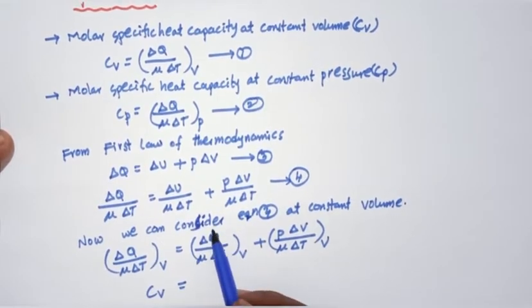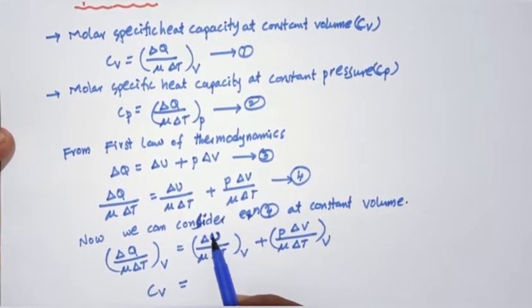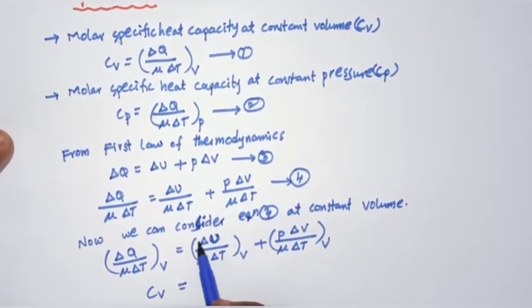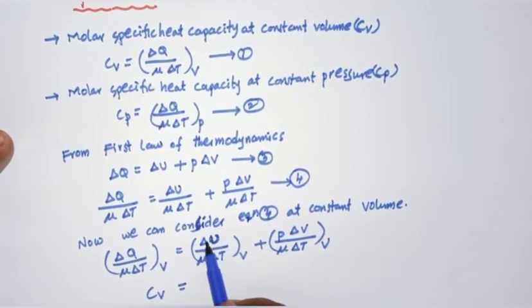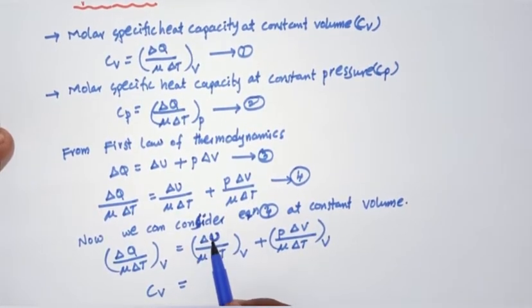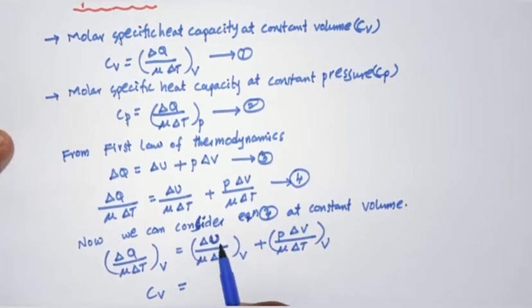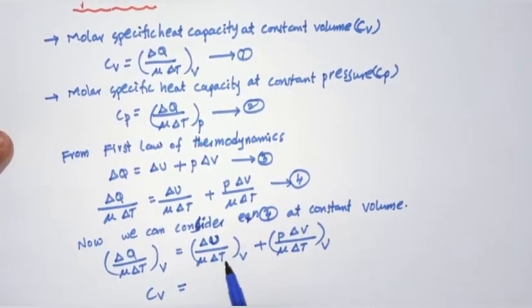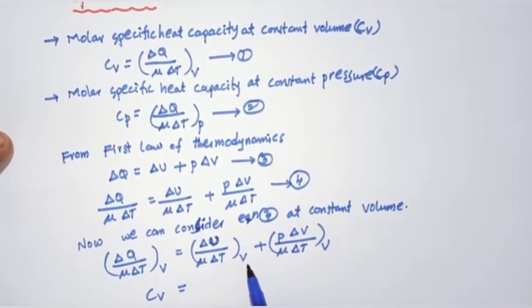Here the internal energy depends only on the temperature. The number of moles mu is constant. The change in internal energy, whether decrease or increase, depends only on the temperature. It does not depend upon volume or pressure, so we can remove this subscript.